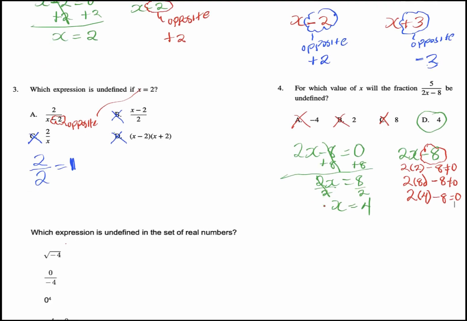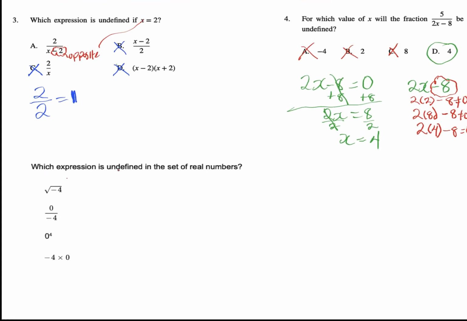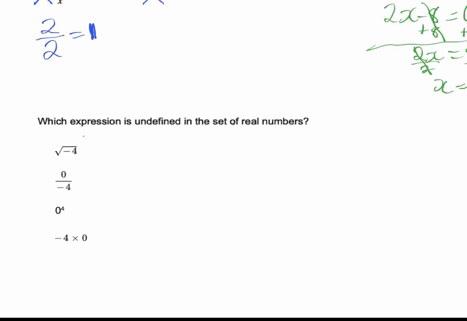And last but not least, it says which expression is undefined in the set of real numbers. So remember, in order to be undefined, you must be a fraction, and the denominator must be a 0. So let's put some letters here. A, B, C, D. Now, I notice D is not a fraction.